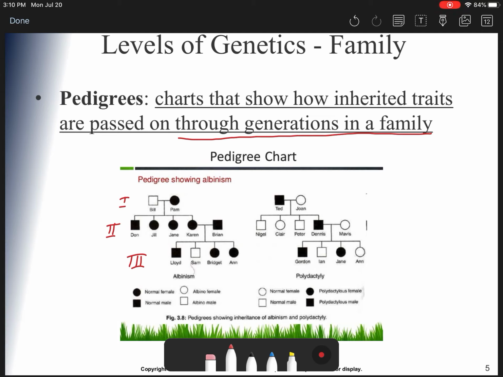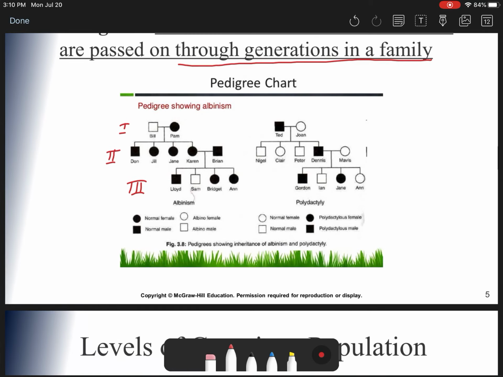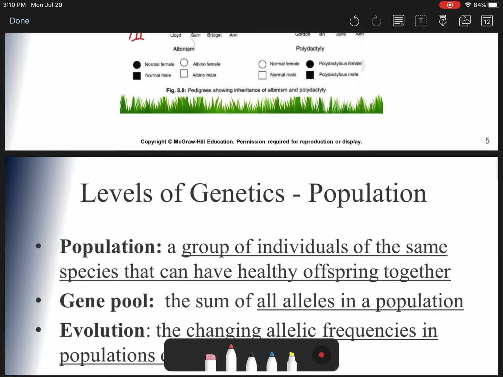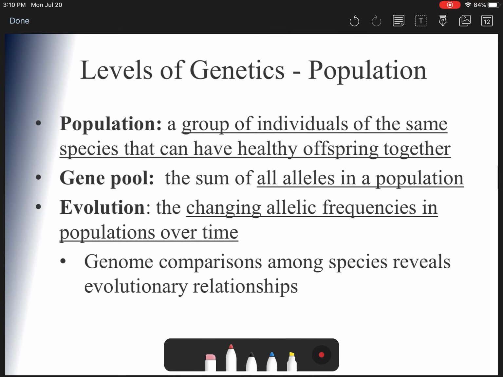The one over here is showing albinism, individuals who are albino, versus over here it's showing polydactyly on the right-hand side. So you can use those charts to show how traits get passed on, and a genetic counselor may analyze those charts for a family.